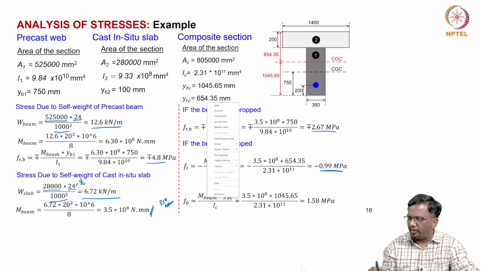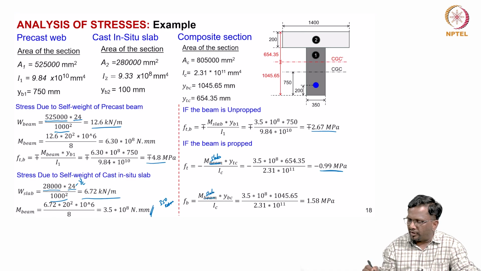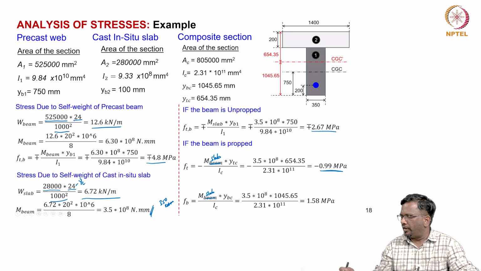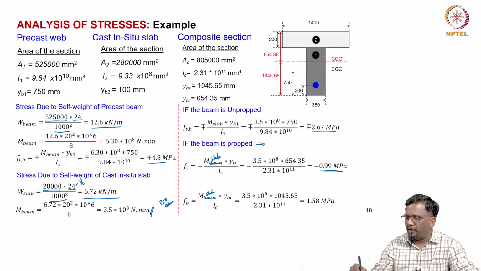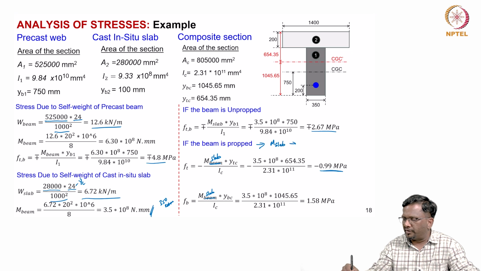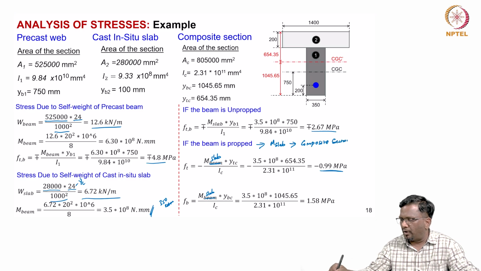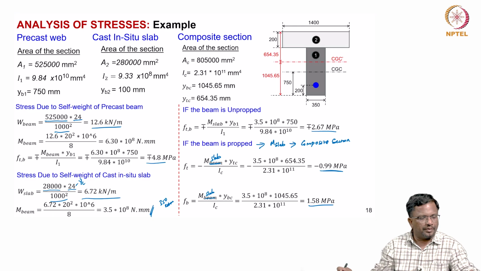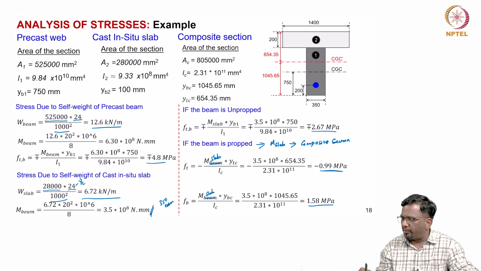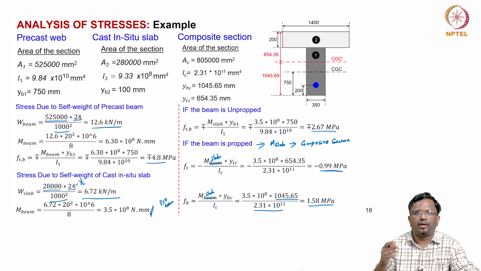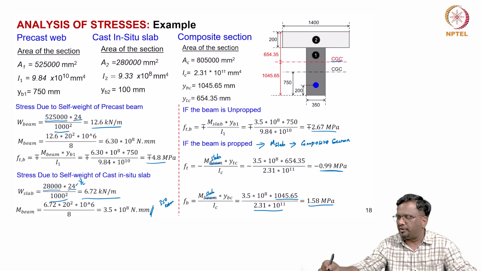And at the bottom again I am going to get the M slab times this. So, if the beam is propped, the M slab will be resisted as a composite section. So, this becomes 1.58. So, you get 3.5 into this divided by this, where this is the moment of inertia of the composite section and this is the distance of the fiber from your CGC prime.